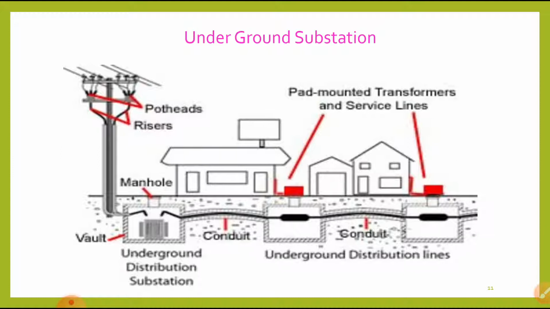Now let us concentrate on our topic, the single line diagram of substations. How the power comes to our substation, and before going to the transformer primary side, what protective equipment and measuring equipment are required.